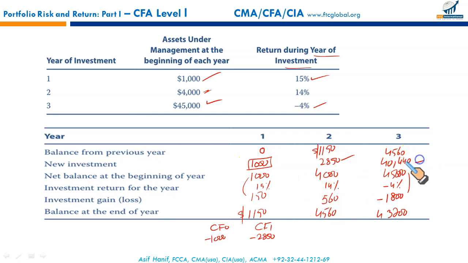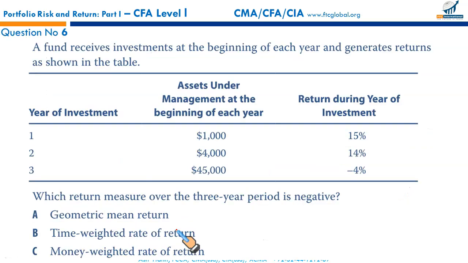And then 40,440, that is the cash flow at the end of period 2. And finally, the value of the total investment at the end is 43,200. Positive. The others are negative. So if you take these cash flows and you compute the IRR, you would get negative 2.22%, and that would make C to be the correct option.